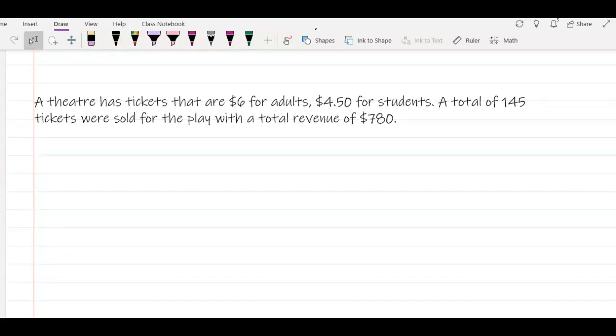Now we're talking about a theater. There are tickets that are $6 for adults, $4.50 for students, a total of 145 tickets. They want to know how many of each kind did we sell. So again, we have some unknowns. We have the number of adult tickets, which we don't know, and we also don't know how many student tickets, which I'll call S for students.